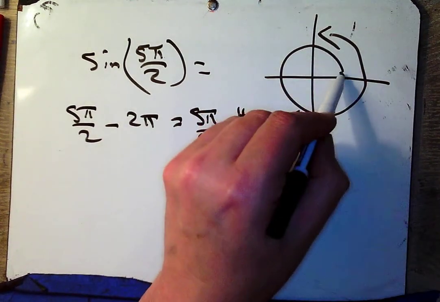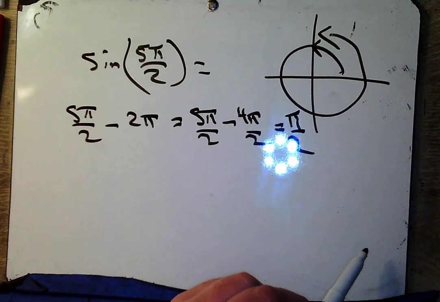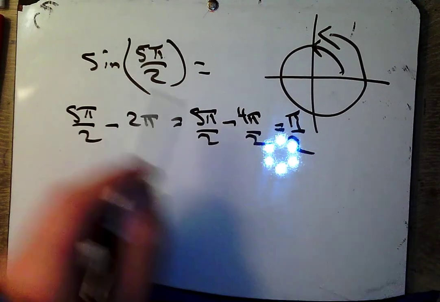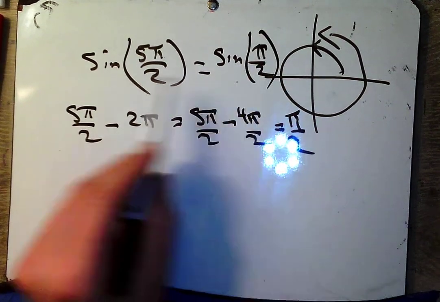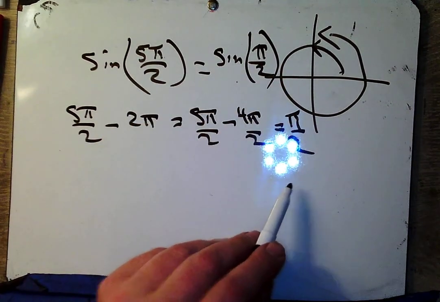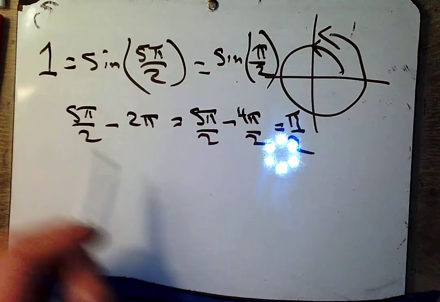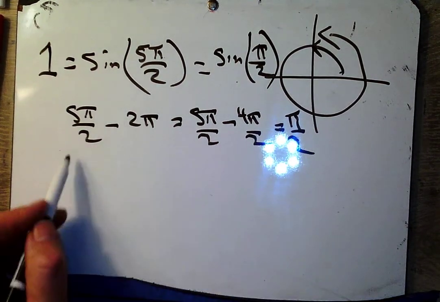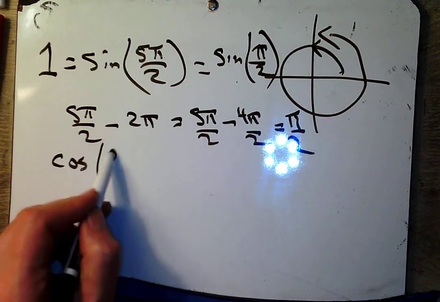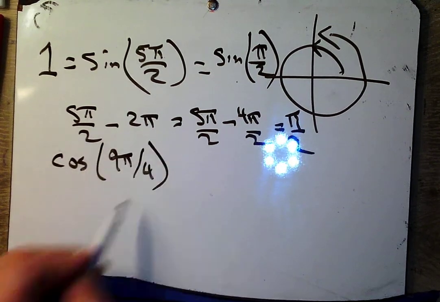That's this angle here, pi over 2. So what's the sine of pi over 2? Because that's going to be the same as the sine of 5 pi over 2. And we know the sine is the y value there. So 1.